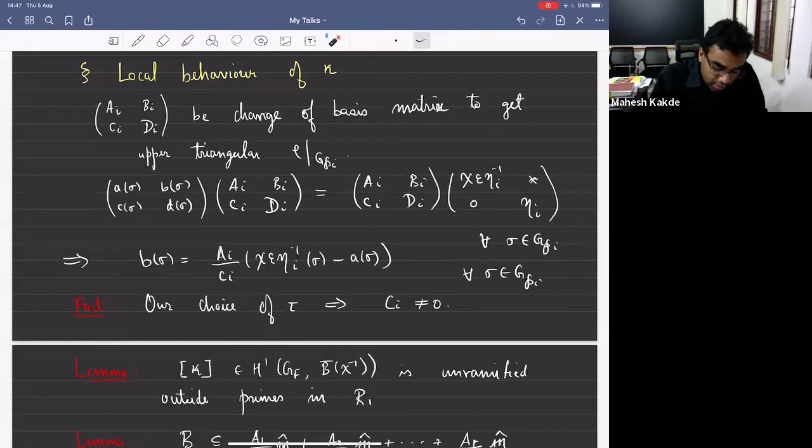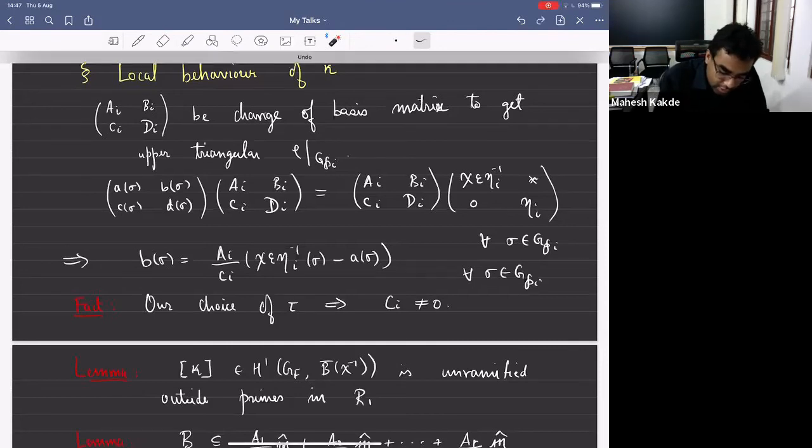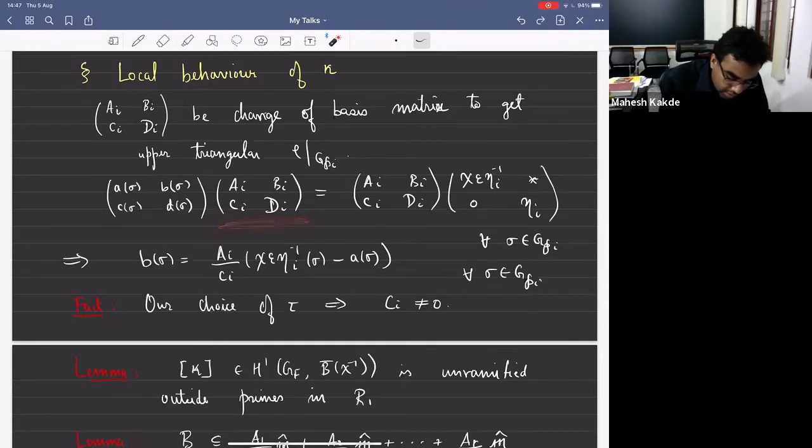So we have two distinct bases, and we have the change of basis matrix, which I call A, B, C, D: A_i, B_i, C_i, and D_i for each prime p_i. Then I compare the upper right hand corner of these two sides.